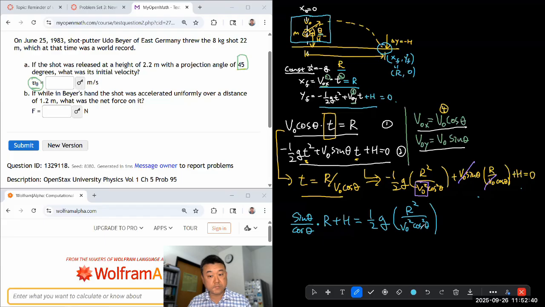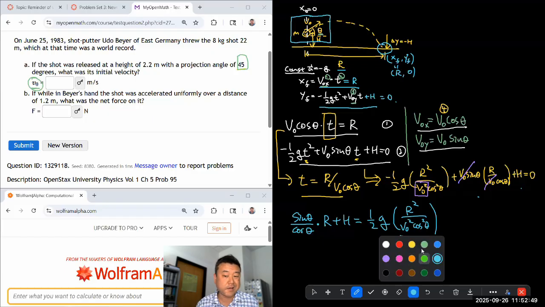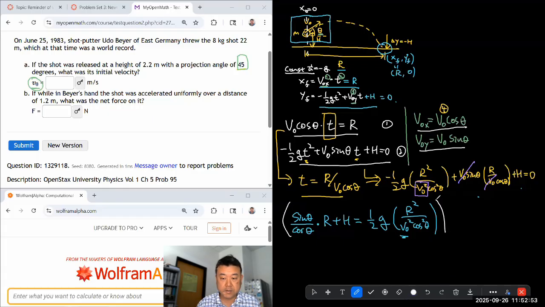And the thing to do is move everything else that's not v naught over to the other side. And it comes down to doing a multiplication by a right factor. Here the right factor would be, just staring at it for a while, I think it's going to be 2 cosine squared theta over g r squared.